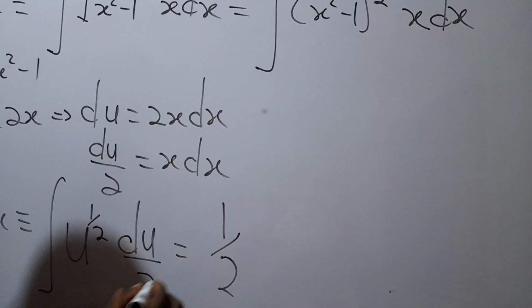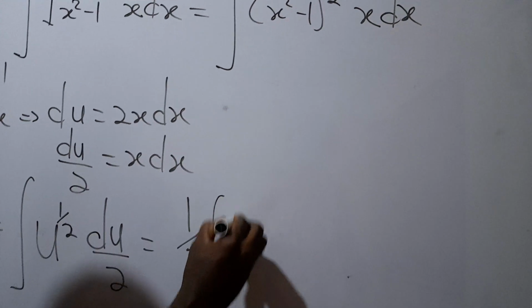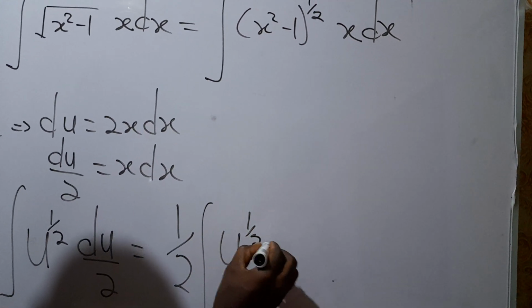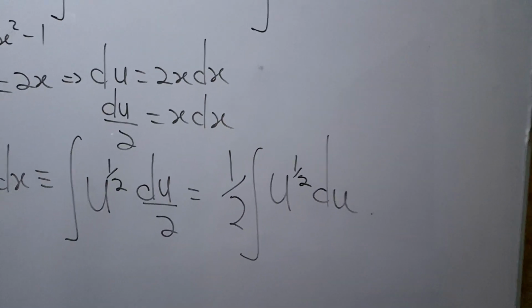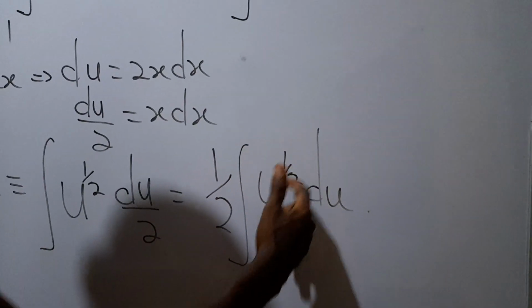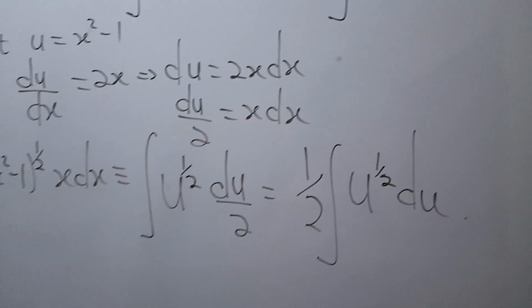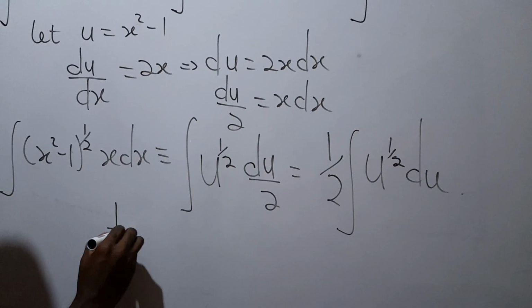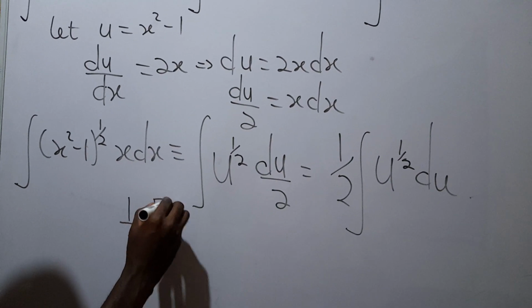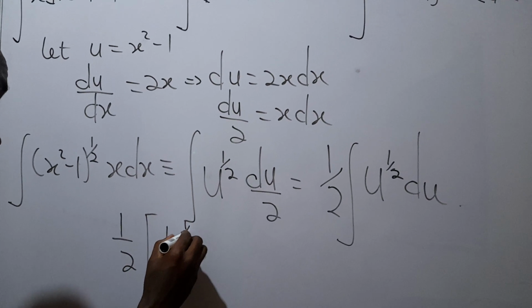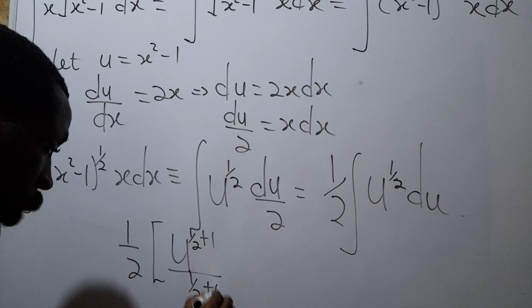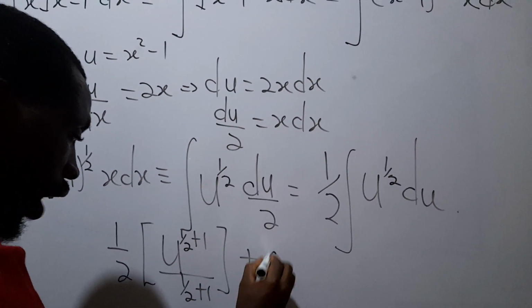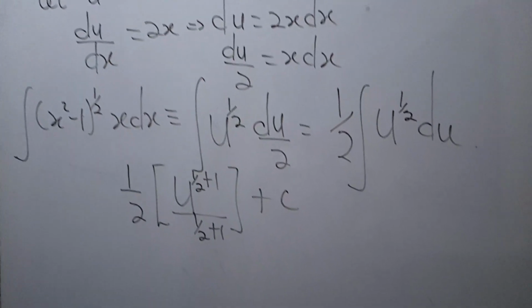We can put the half out. The integral of u exponent half du. Now remember the integration rule. We add 1 to the exponent and divide the function by that result. So we can say that will be half u exponent half plus 1 all over half plus 1, plus our constant of integration.